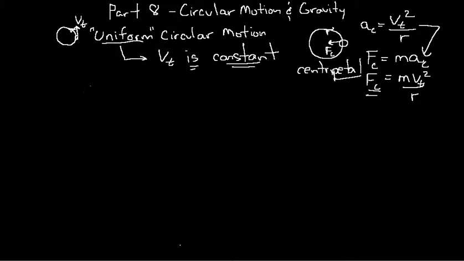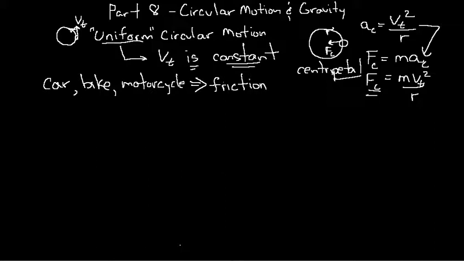And we said if you're talking about a car or a bicycle or a motorcycle or any of these type of things, what's providing the centripetal force is the friction between the tires and the road. The force of friction is what's pulling the car inward to turn. So friction is what provides the centripetal force if you're a car, bike, or motorcycle, or anything with tires.